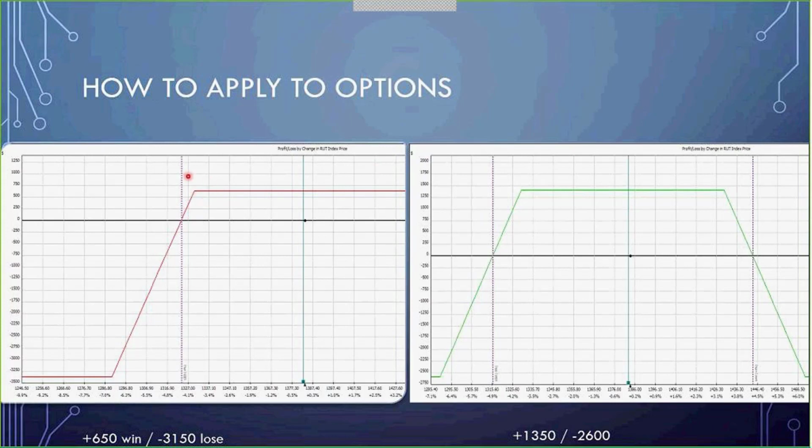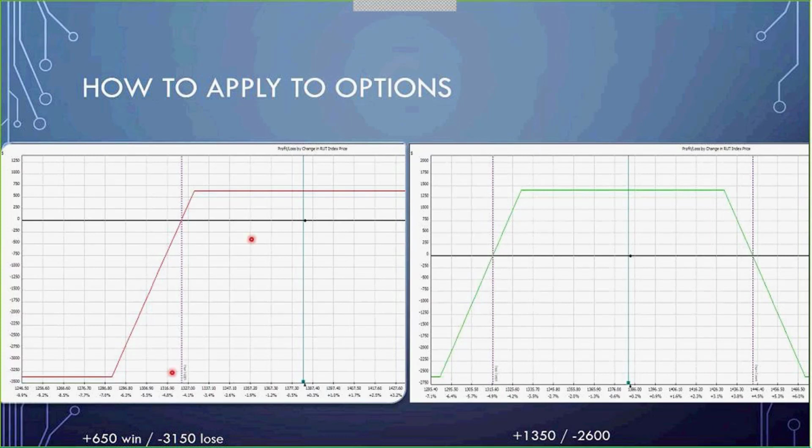This probably wins a lot of the time because we have profit potential behind the market, and it's very unlikely for the market to drop all the way down here. And we have full profit potential to the upside of the market as well. But in the event that we do go down into here, we are losing a maximum of $3,150. So that's your win or your reward to loss ratio.